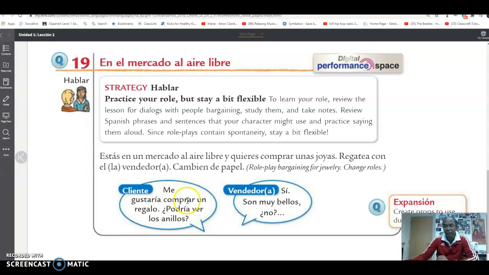I would like to buy a gift. Podría ver los anillos. May I see the rings? So you use any vocabulary that you can to create this. And what would the vendor say? What would the salesperson say? Sí, son muy bellos, or no. All right? So then you click here and you create that little role play. Okay, you just need something simple, and if you need help, I'm right here to help you.